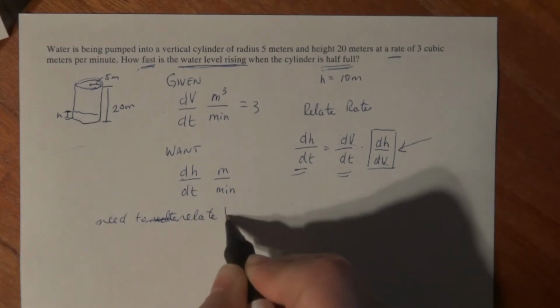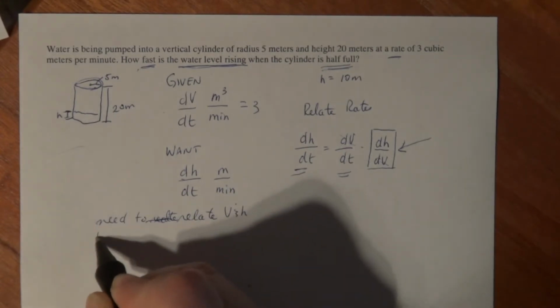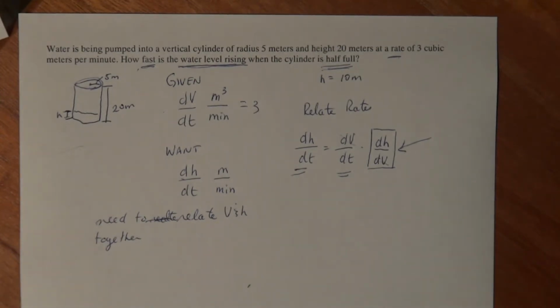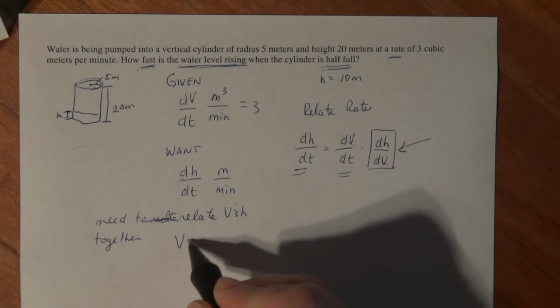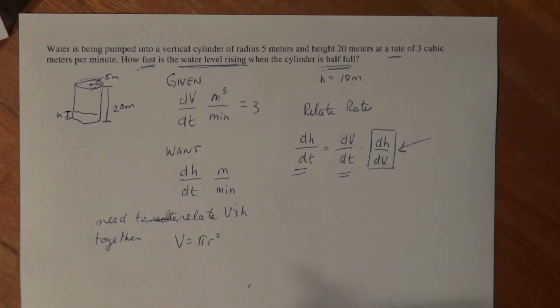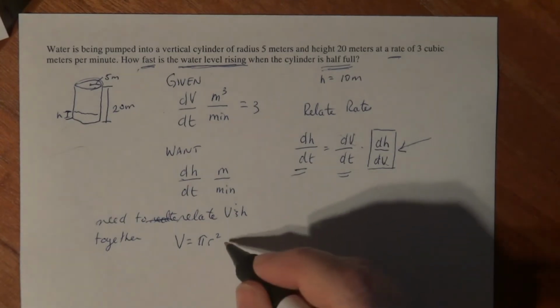Relate V and h together based on this problem. Now I know I'm given a cylinder, and the volume of a cylinder is based on the height. So the volume of a cylinder is pi r squared, which is the area of the base, times the height.